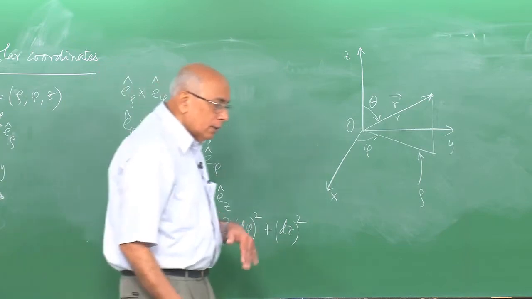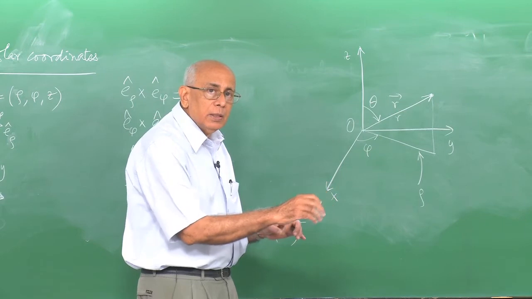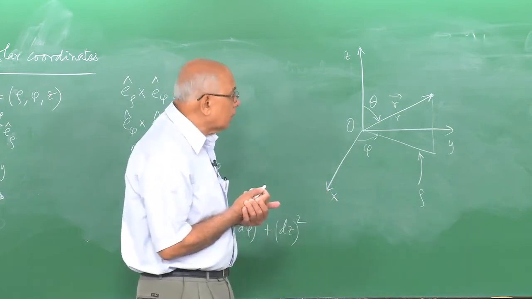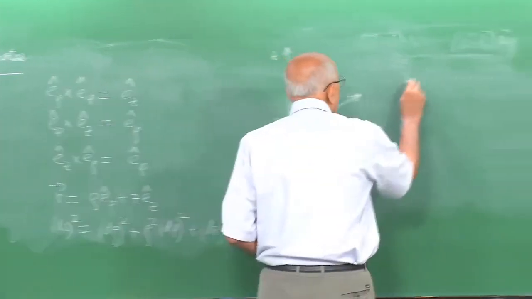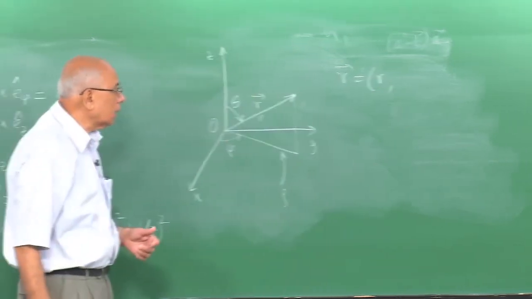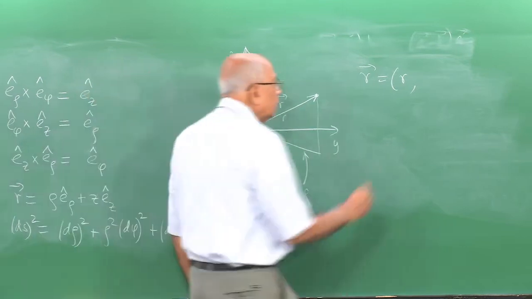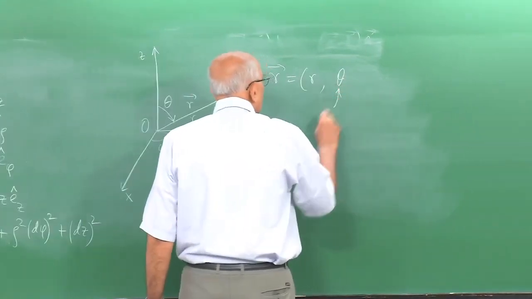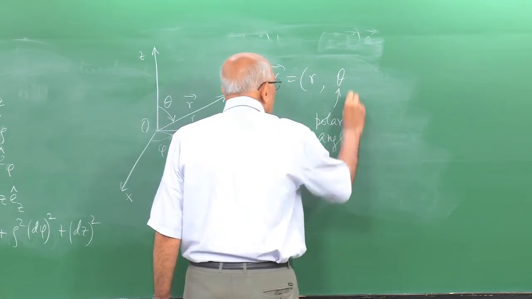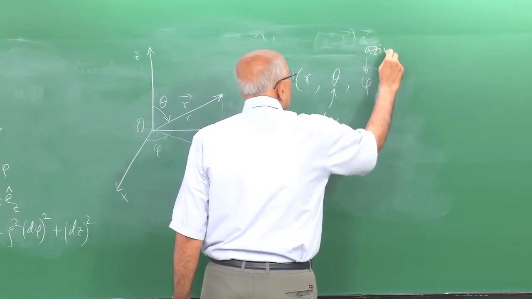So if you like, you can imagine that at a distance little r from the origin, you draw a sphere of radius little r, then the spherical polar coordinates correspond to specifying the radius of this sphere, which is r, this angle theta, which is called the polar angle, as well as phi, which is the azimuthal angle as before.